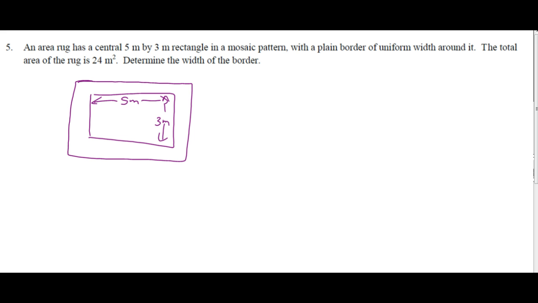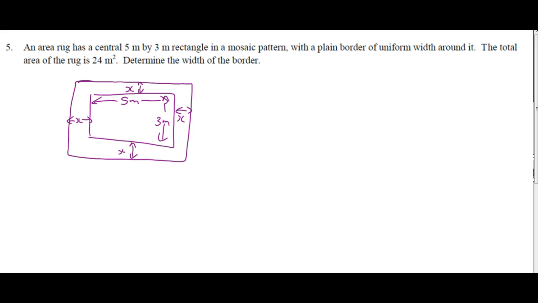This is an extraordinarily common type of question. So we've got 3 meters by 5 meters, and this uniform width of x and x and x and x. That's what I mean by uniform width. It's the same width all around. You could use W if you like, for widths.